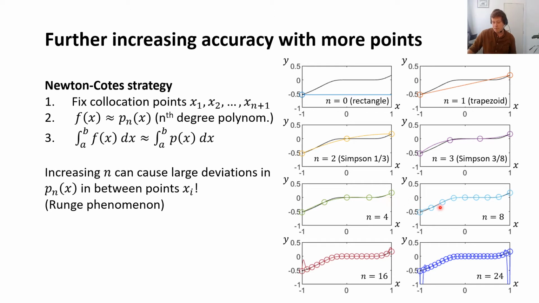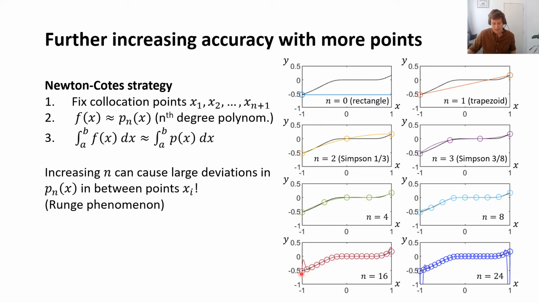That's exactly what we would expect at first instance. But if we keep on increasing n to larger and larger values, we encounter what is called the Runge phenomenon. The origins thereof are not so important, but the consequences are quite disastrous if you're trying to approximate a function and its integral more precisely.